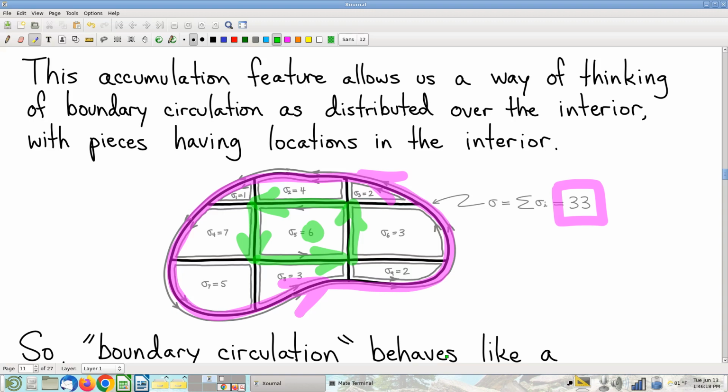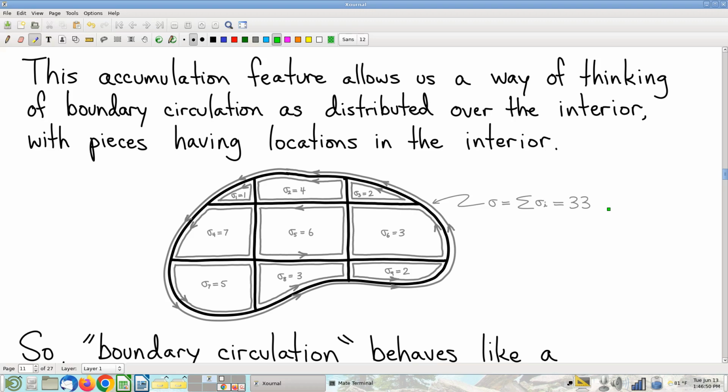And so that's how much of the purple circulation is actually in that green rectangle, because the whole is the sum of the parts. Because boundary circulation is an accumulating quantity, I can talk about how much of it is physically where in the region. It's a weird thing to think of boundary circulation having a location, but this is intrinsic to it. If you can take your whole and chop it up into little pieces, and the whole is the sum of the parts, then however much you get from each piece is how much of the whole is on that piece.